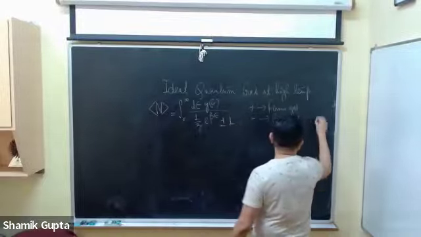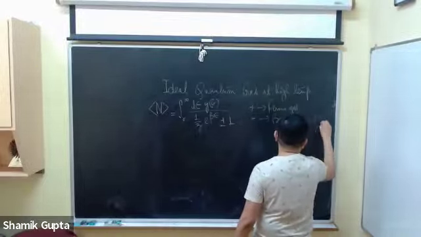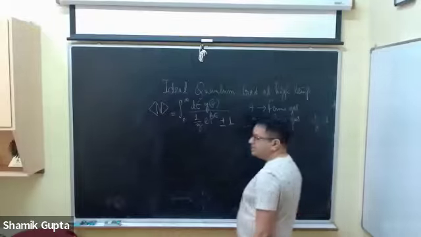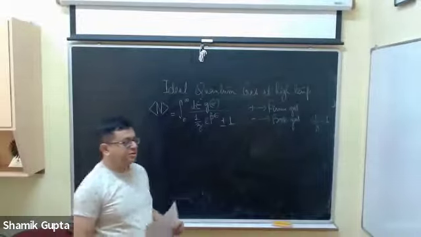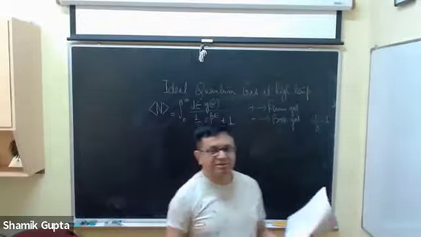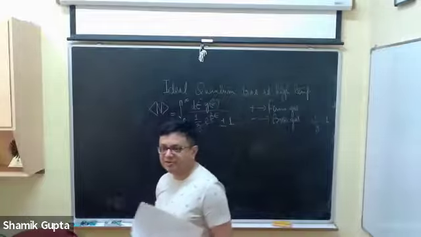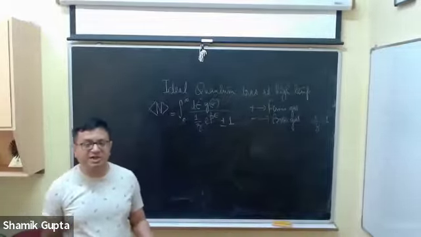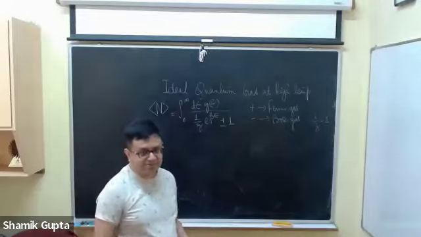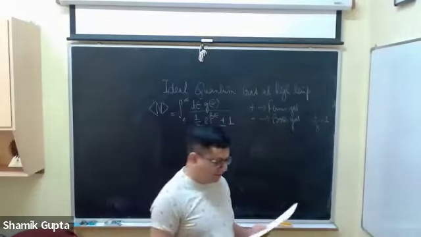And I'm neglecting the contribution for Bose gas, 1 by z minus 1 in the denominator, coming from the ground state. This is simply because I'm assuming that z doesn't have a value which is very close to 1. We will see why at very high temperature z has a value much smaller than 1. We will see that later.